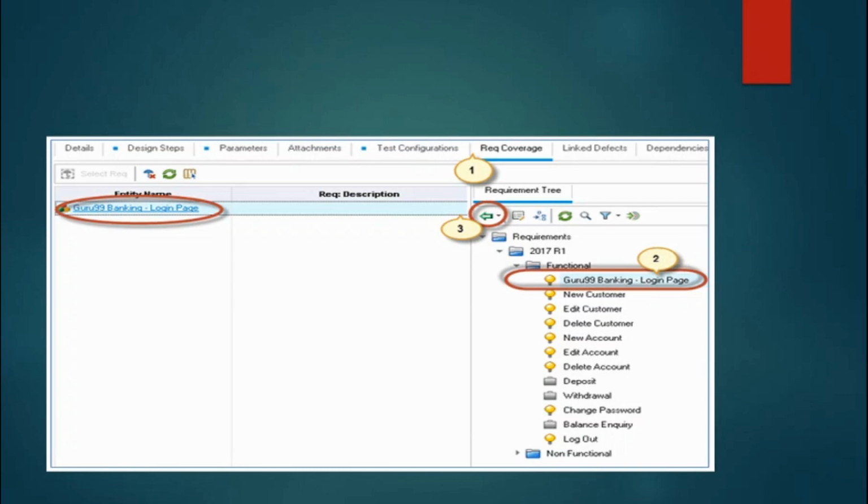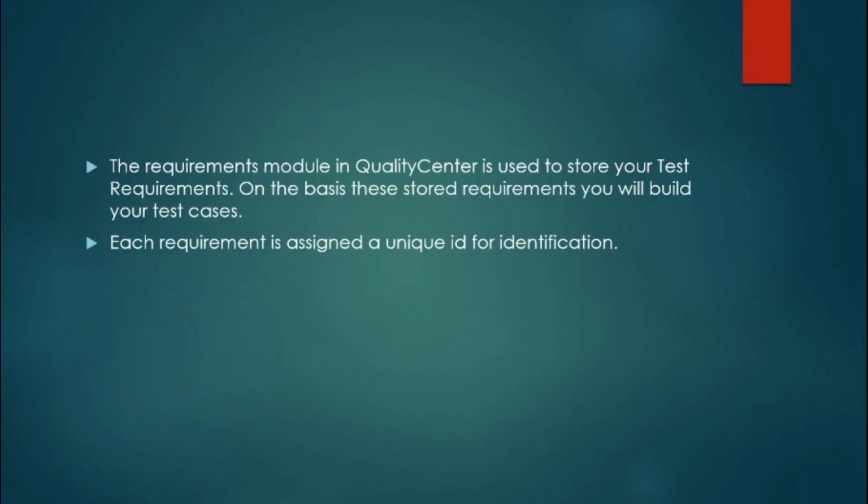Okay, also in the summary, the requirement module in Quality Center is used to store your test requirements. On the basis of these stored requirements, you will build your test cases. Okay, each requirement is assigned a unique ID for identification, which you saw was the requirement ID.